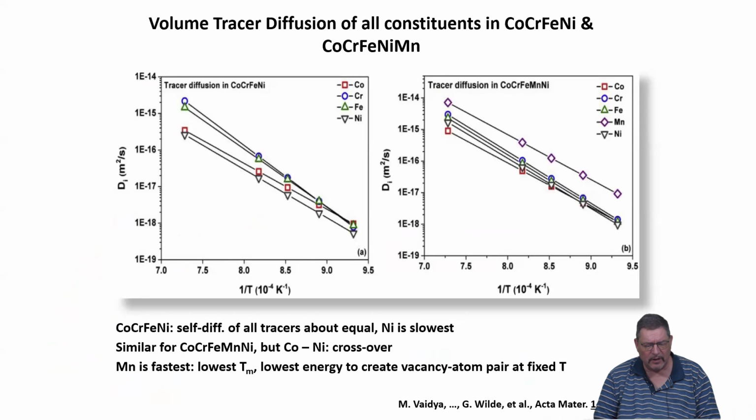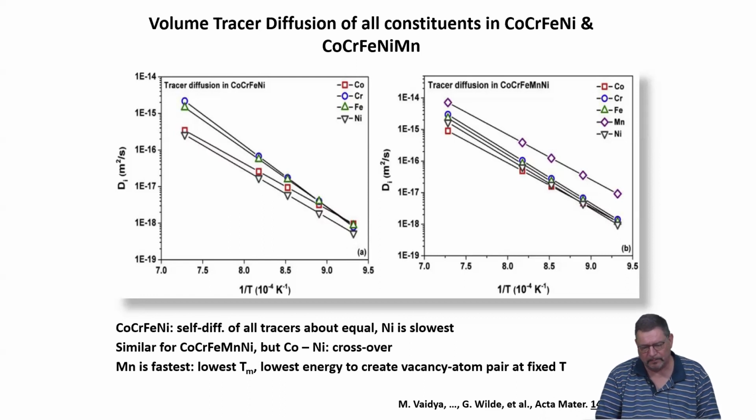If we now do the evaluation and then jump to the Arrhenius representation, this is then again showing you the diffusivities as a function of 1 over temperature. And this is done then for the 2 different alloys, medium entropy alloy on the left, high entropy alloy on the right, but on the basis of using the absolute temperature, not the homologous temperature here for the comparison.